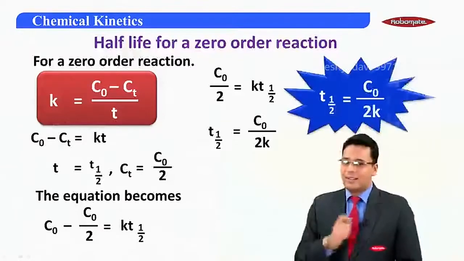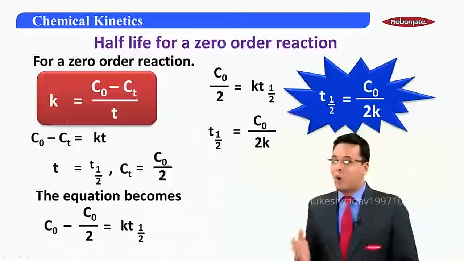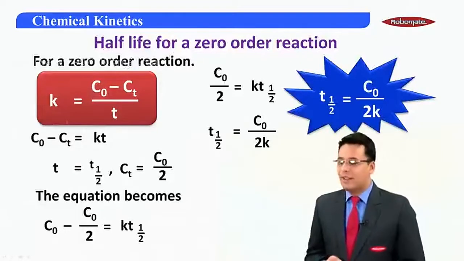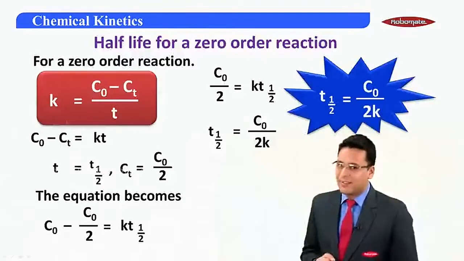This equation, t half is equal to C naught upon 2K, is the equation for half-life for zero order reactions.